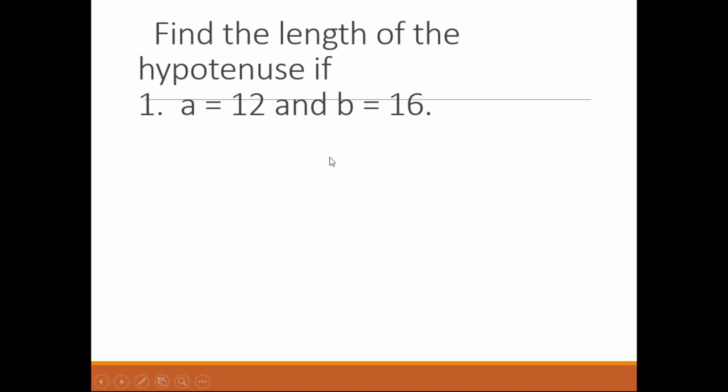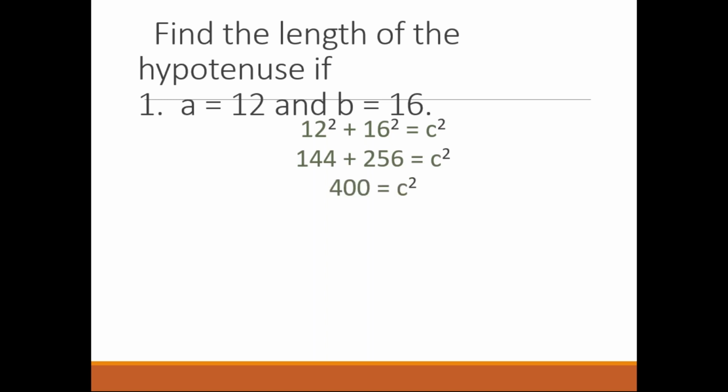So if A is 12, B is 16, by the Pythagorean theorem, A squared, in this case 12 squared, plus B squared, in this case 16 squared, should equal C squared. If I square 12 and 16, I get 144 plus 256, and C squared is 400.